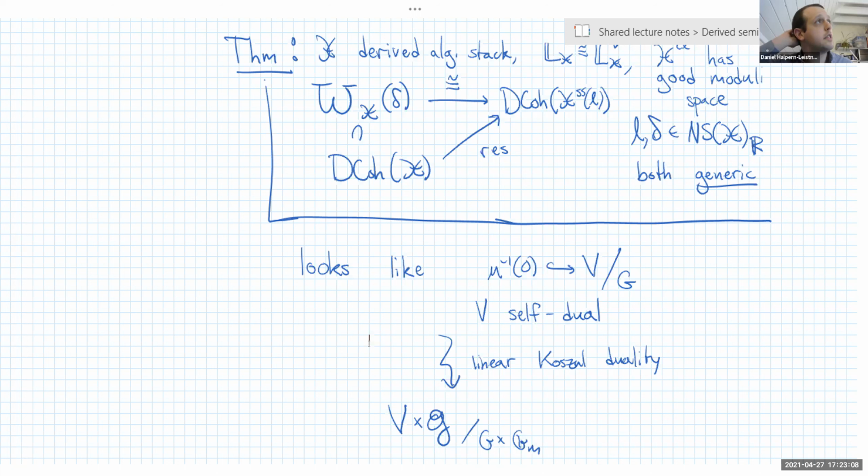But it's a little bit more flexible than that. I think Špenko and Van den Bergh do general resolutions whenever you have a good quotient. So basically everything arising in GIT.